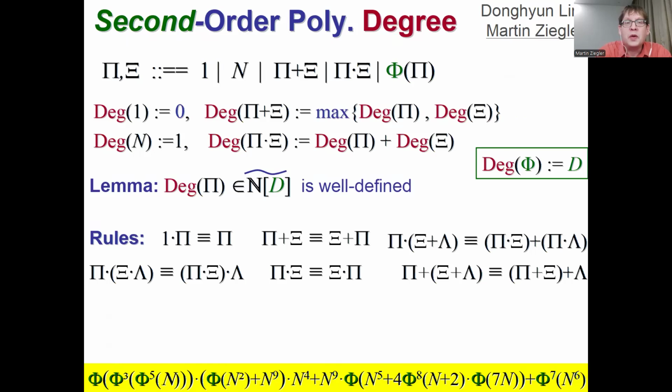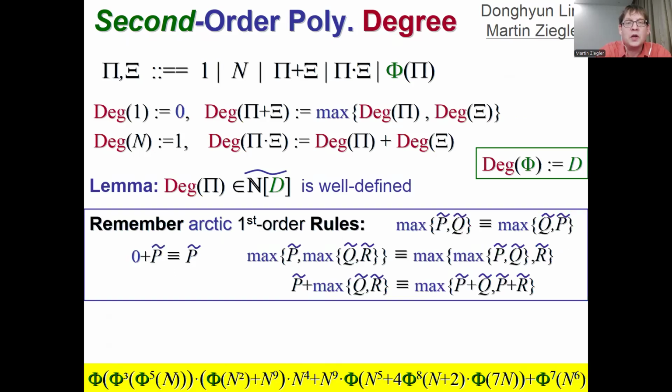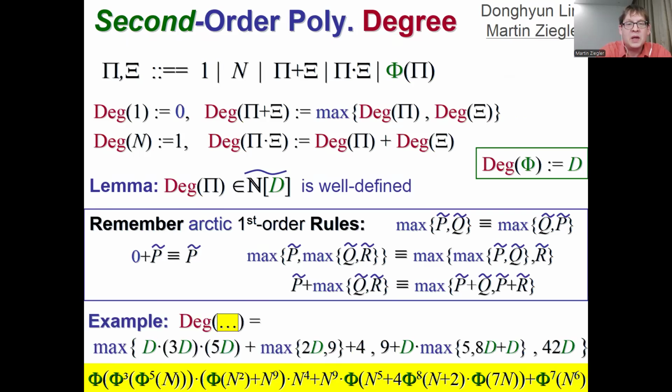And again, we record that this inductive definition of the degree is well defined because of the properties of the maximum operation, which we've incorporated syntactically in the definition of arctic first order polynomials. I mean, these are the rules which then make the degree well defined.